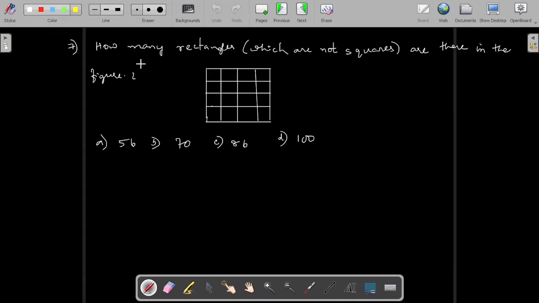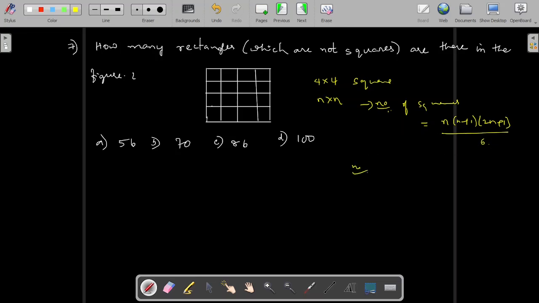Next question. How many rectangles which are not squares are there in this figure? So this is an n by n, means here it is a 4 by 4 square. So in any n by n figure, the number of squares is given by the formula n into n plus 1 into 2n plus 1 divided by 6.